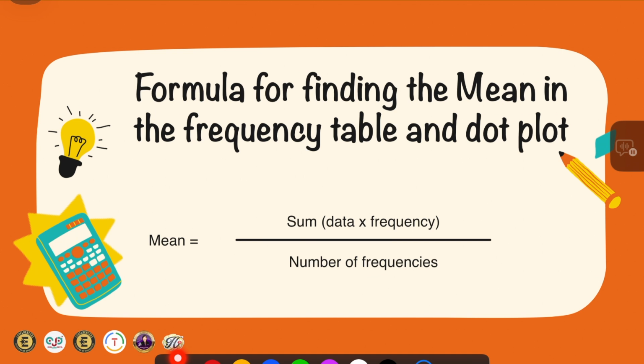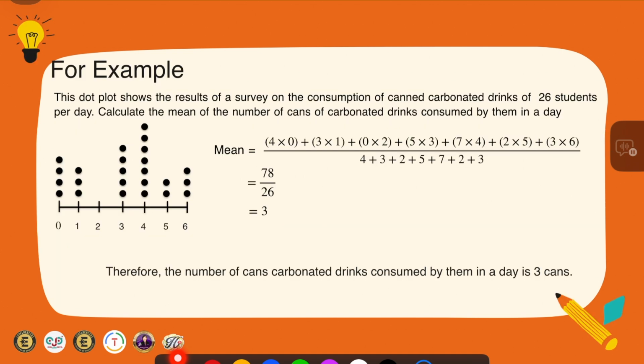Okay, let's see the example. So this is a dot plot. Dot plot you learned in Form 1, right? They show the survey result of consumption of canned carbonated drinks of 26 students per day. So calculate the mean number of cans of carbonated drinks consumed by them in a day.